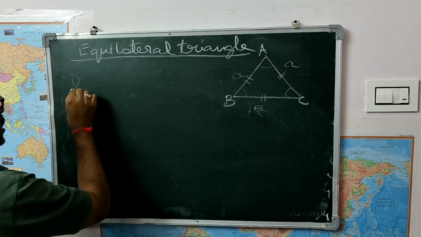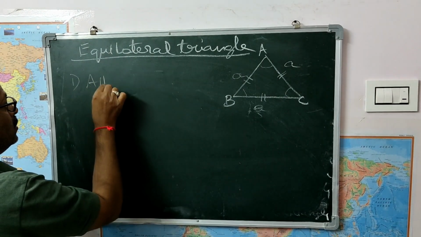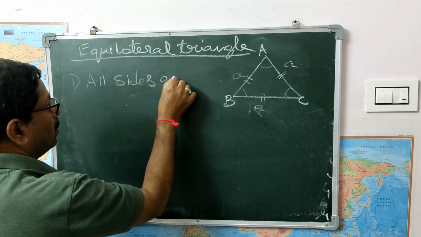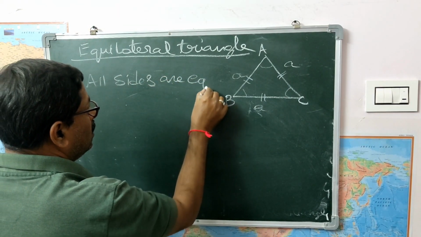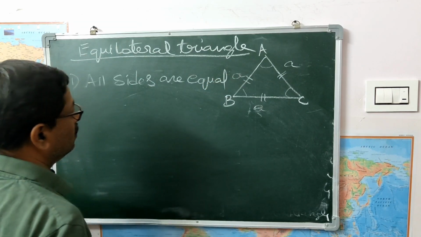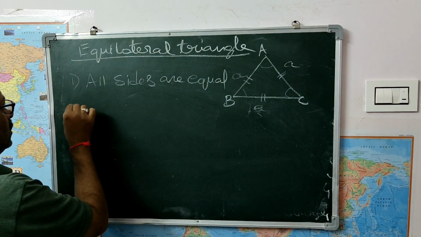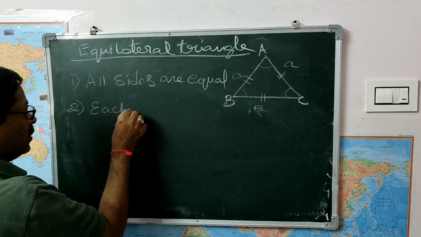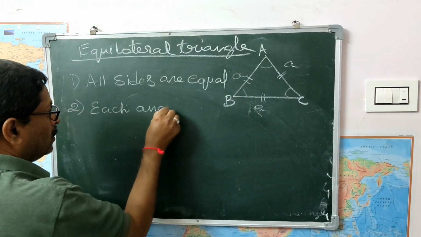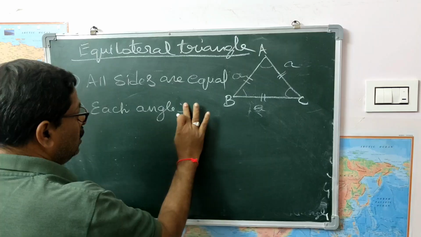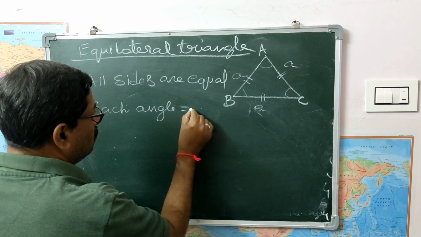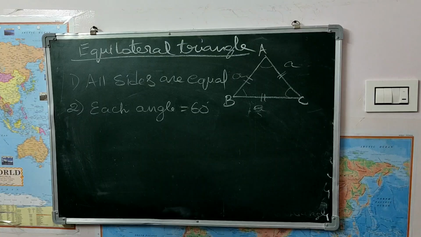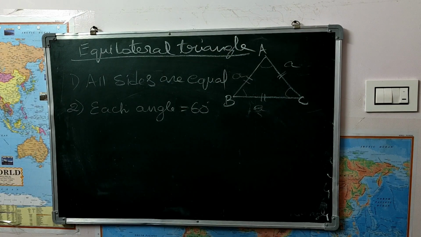First one, all sides are equal, as we said in the beginning. Second one, each angle is equal to 60 degrees.